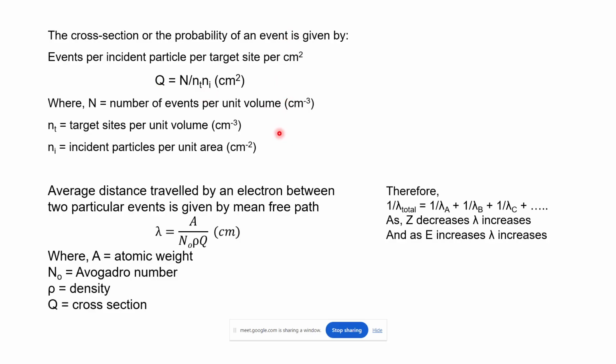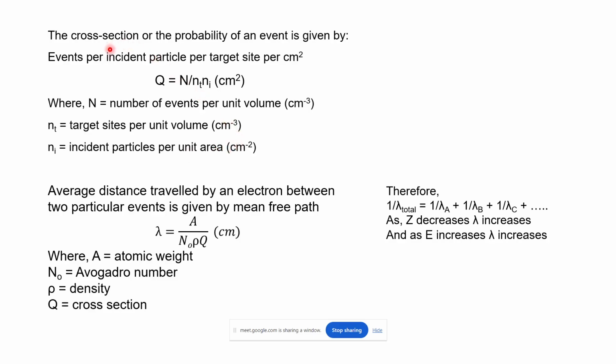It is given by Q equals N divided by nt by ni, and its unit is centimeter square, where N is the number of events per unit volume, nt is the target sites per unit volume, and ni is the incident particles per unit area.